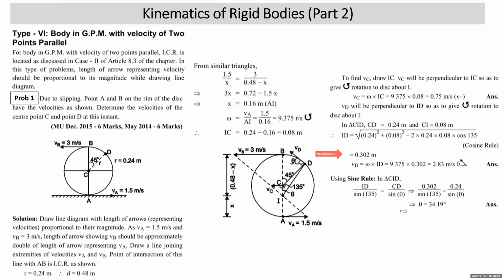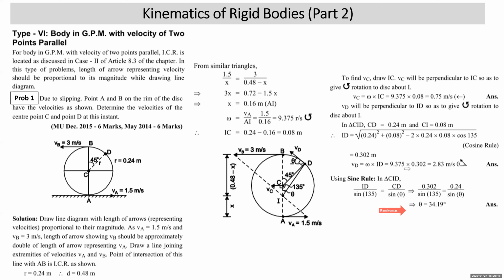You got theta as 34.1. So if line ID is making theta with vertical, VD perpendicular to it will make theta with horizontal. So VD is omega into ID, 9.375 into 0.302, 2.83 meter per second, and it is making angle theta with horizontal.